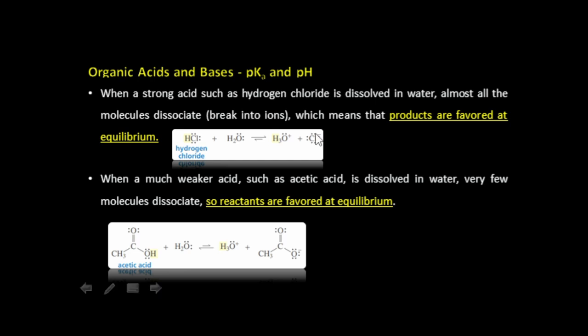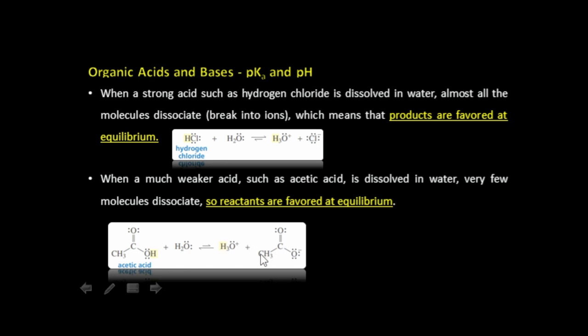See the equilibrium arrow, the equation shifts towards the right. What is the meaning? The products are favored at equilibrium, so this reaction takes place very readily and the products are formed.